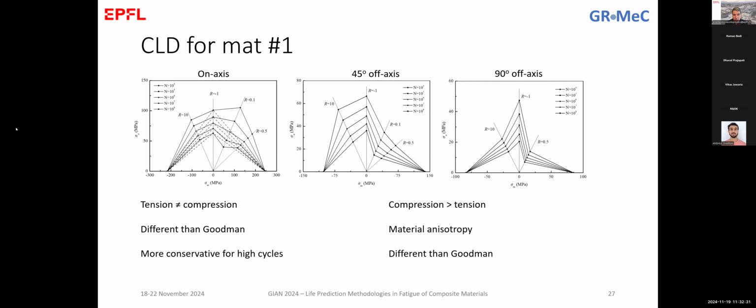The same here, when we go off-axis, the Goodman diagram would be like that, which means that it is not conservative at all. If we use the Goodman diagram in this case to design a structure, the structure will fail, the same here, because we create a safety envelope for the material which is not related to the performance of the material itself.